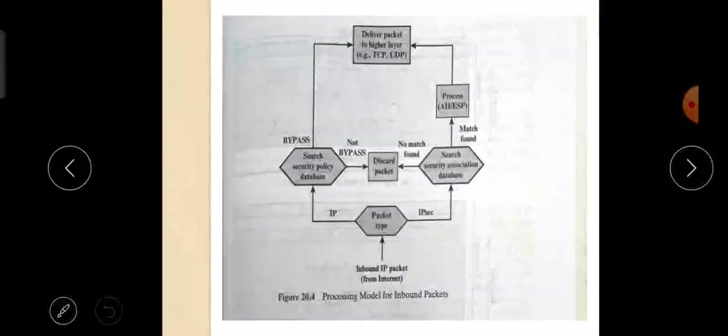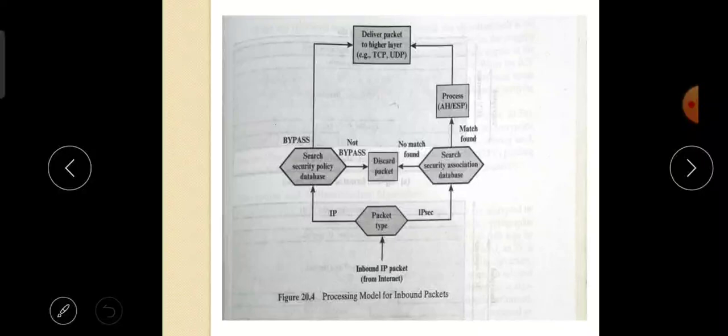And if the first matching entry has a policy of protect or discard, or there is no matching entry, the packet is discarded. If there is no bypass, then it will be discarded.